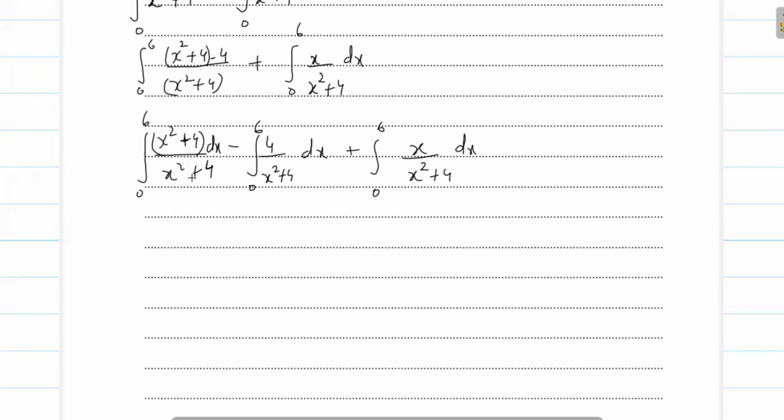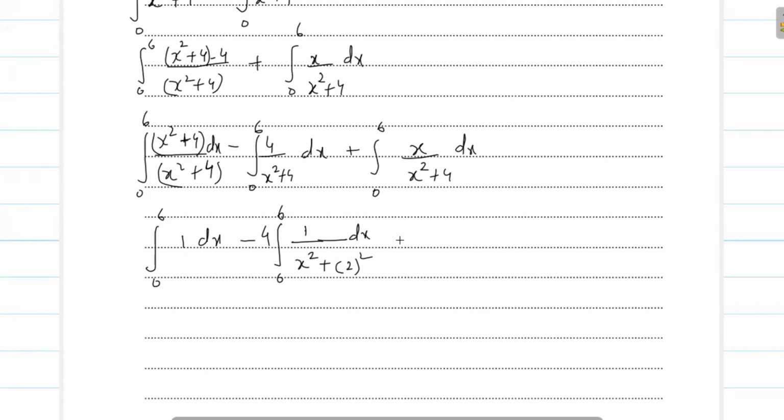Now we can write this as 1 dx, because (x² + 4)/(x² + 4) will be cancelled. Therefore, we write the integral of 1 dx from 0 to 6, minus 4 times the integral of 1/(x² + 2²) dx.